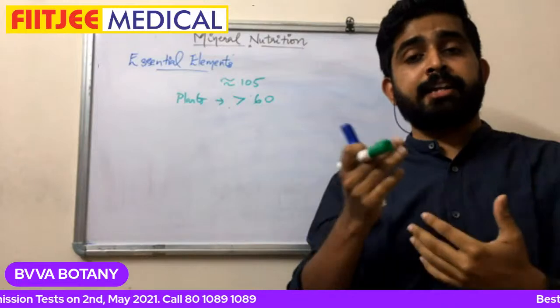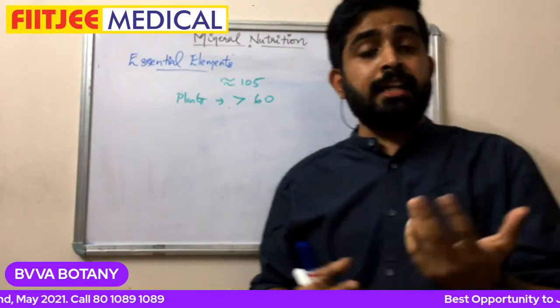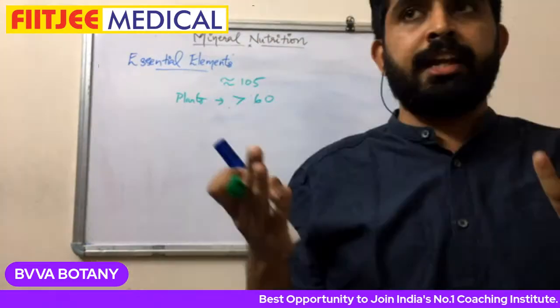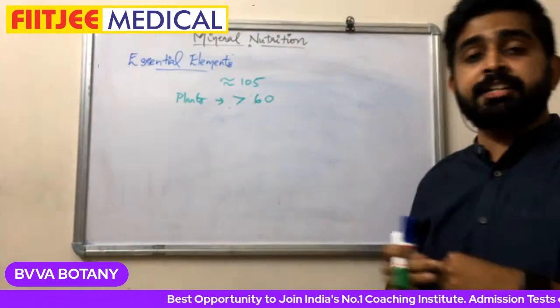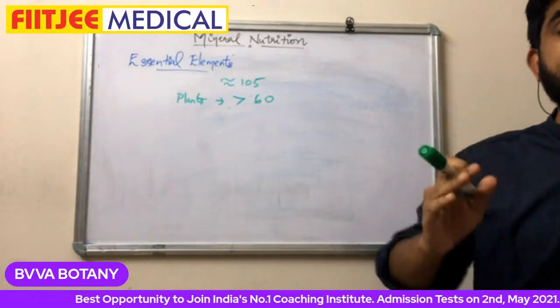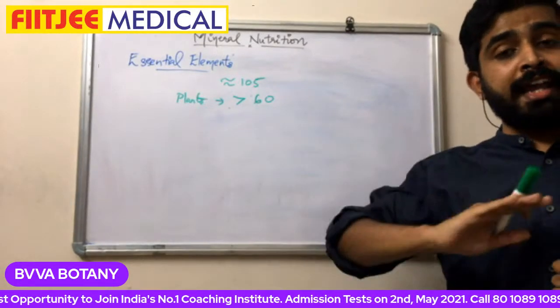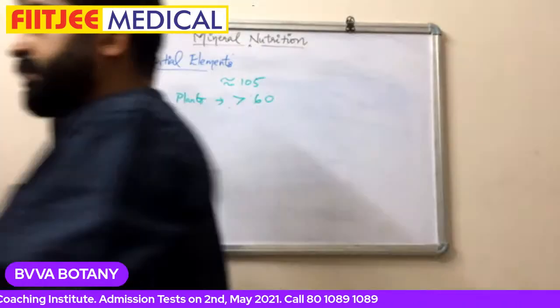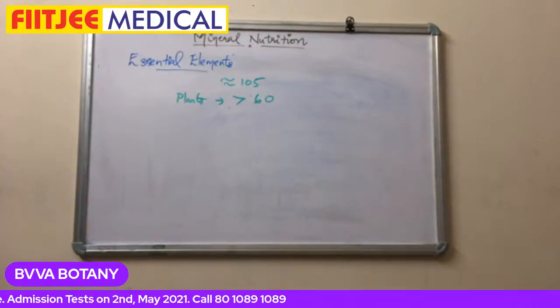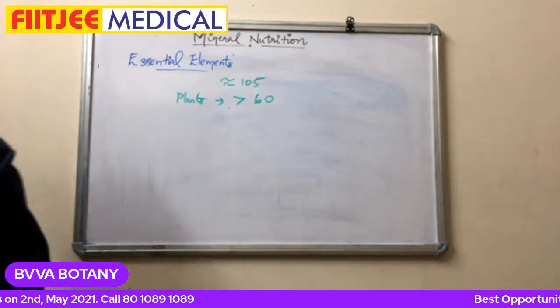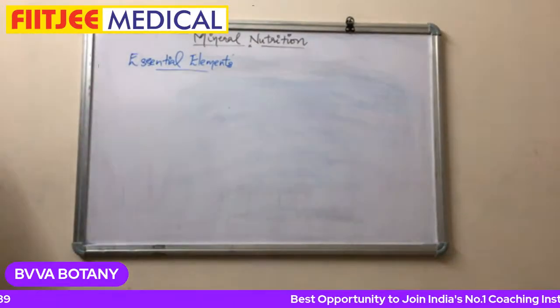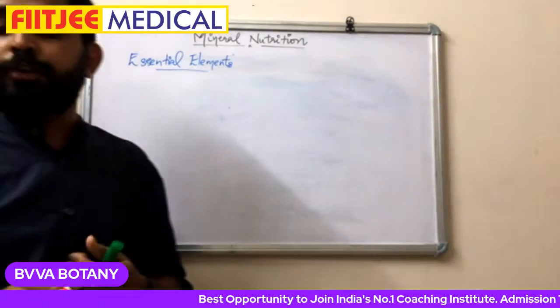There are some plants which will take in gold, and some take radioactive elements like strontium. But we have to see whether this gold or any radioactive element is of any function to the plant. For that, we are going to discuss some criteria for essential elements.